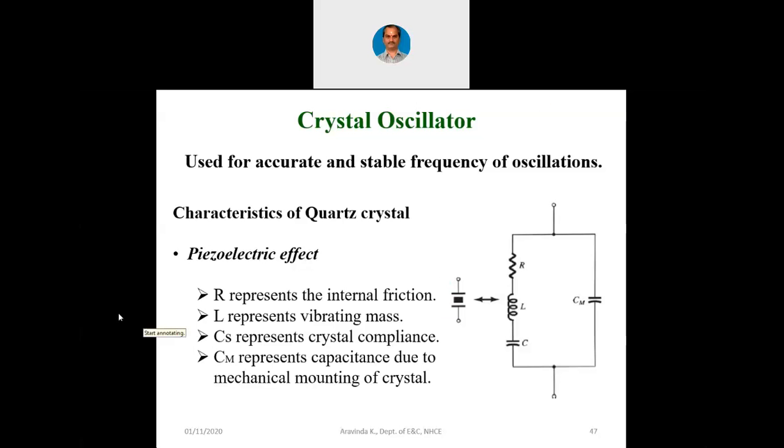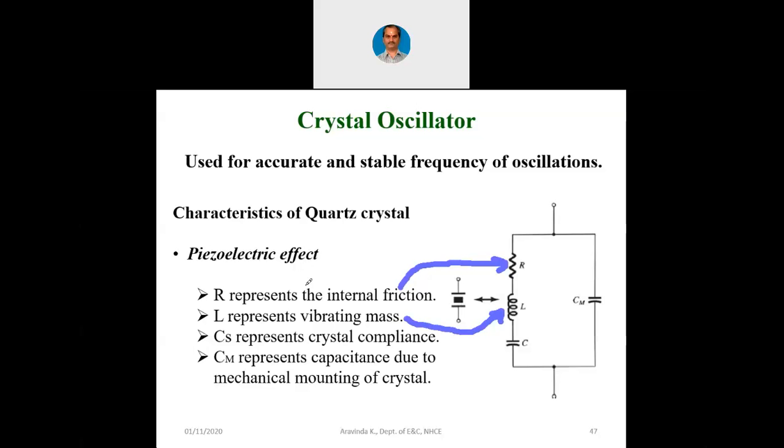So let me annotate with a different color. So this R represents the internal friction, and L represents the vibrating mass. Now when the crystal starts vibrating within, actually it is the energy that is going to try to flow through this component, but as there is an insulator in between, energy is unable to flow.